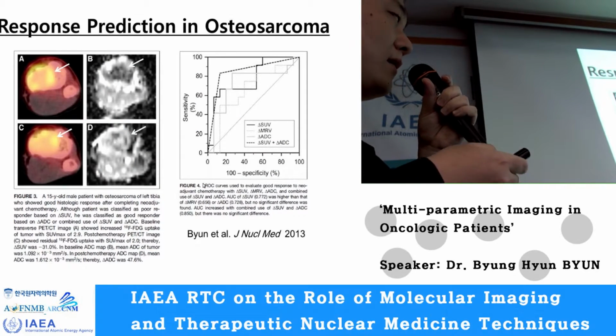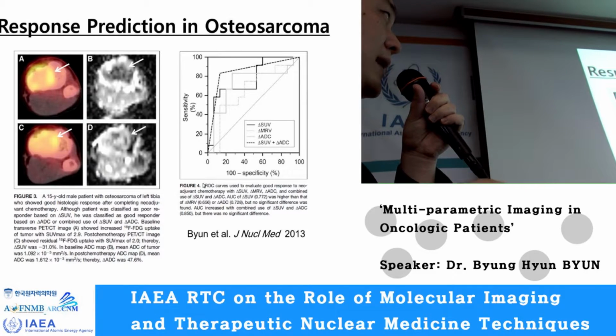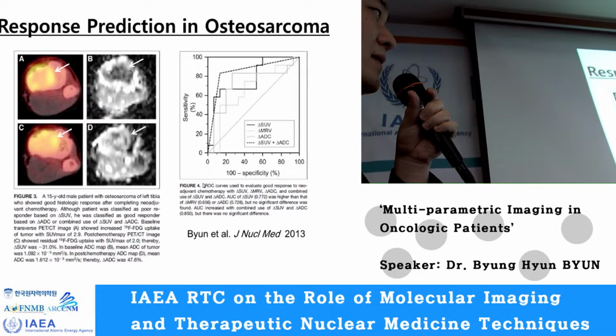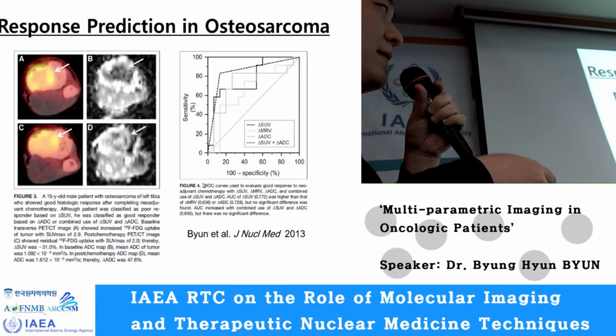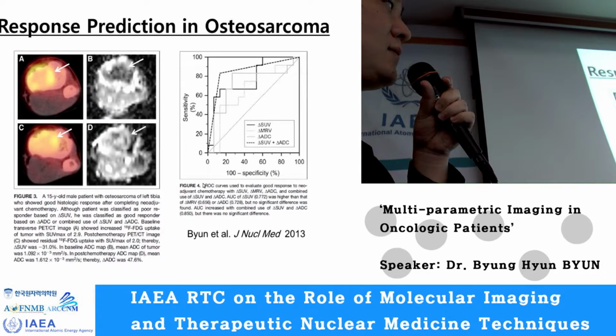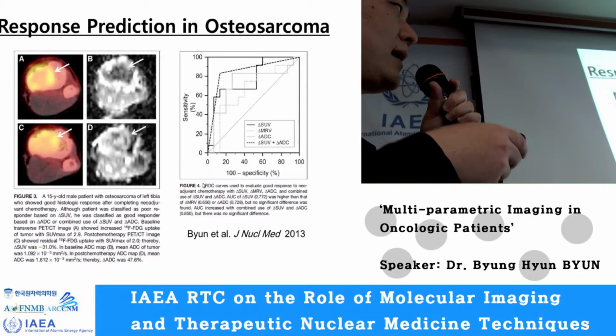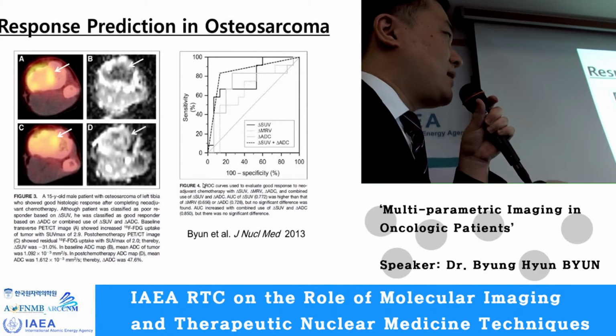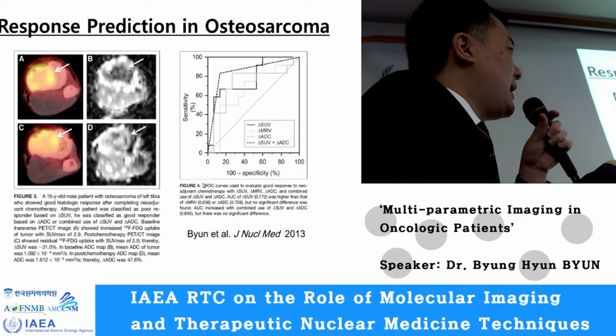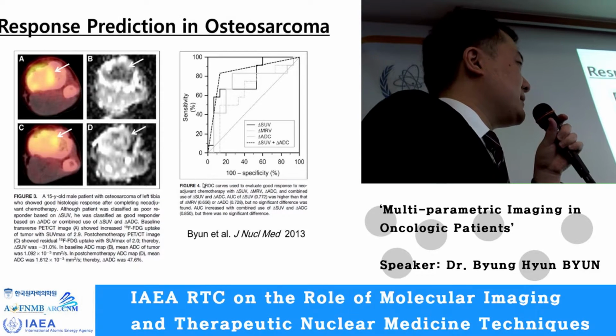This is an example. On the left image, you can see a moderate decrease of SUV after the chemotherapy, but the ADC significantly increased after chemotherapy. And in another case, SUV significantly decreased after chemotherapy, but ADC moderately decreased.